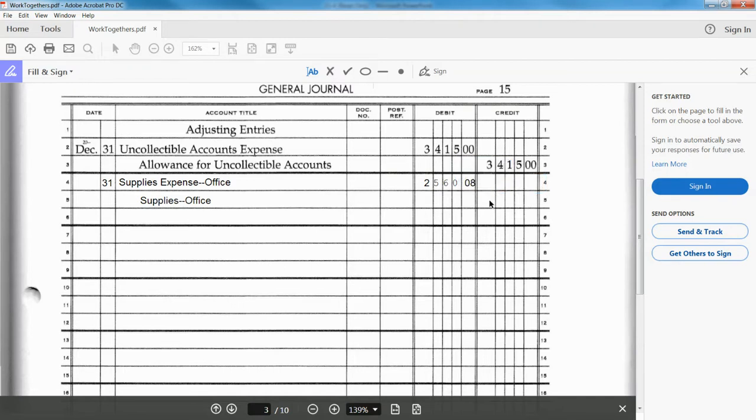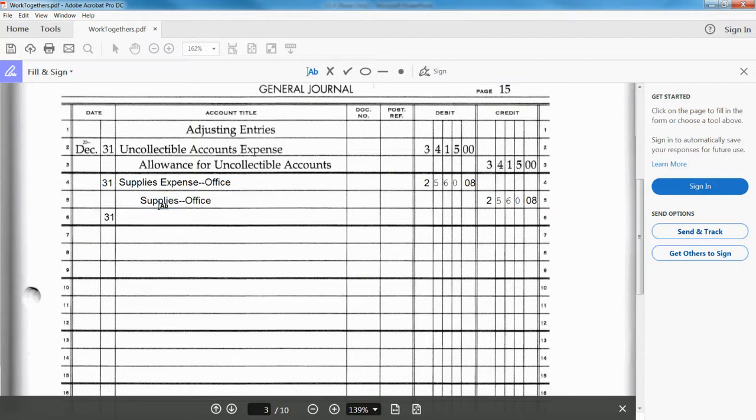And then we are going to credit for the exact same amount, $2,560.08.